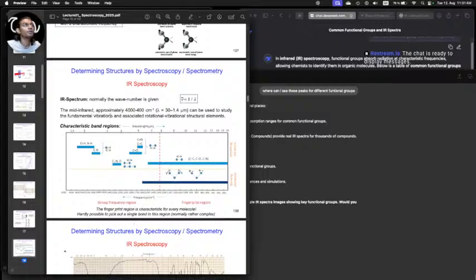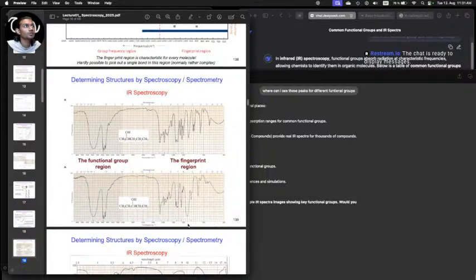The mid-infrared can be used to study functional group vibrations and associated rotational vibration structural elements. Functional groups region, fingerprint region.